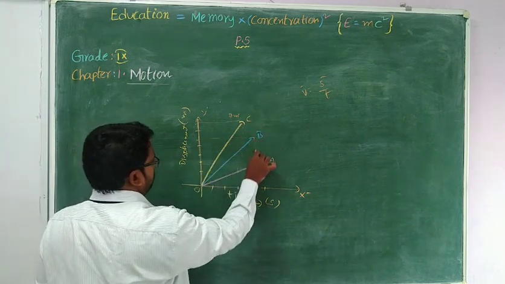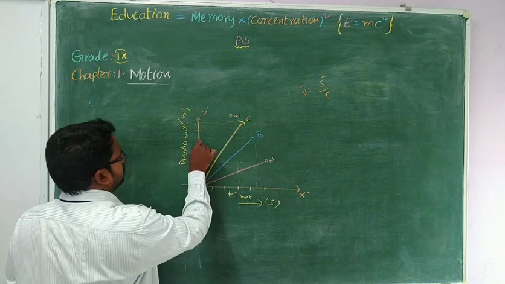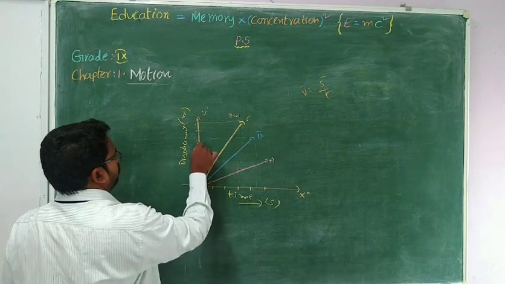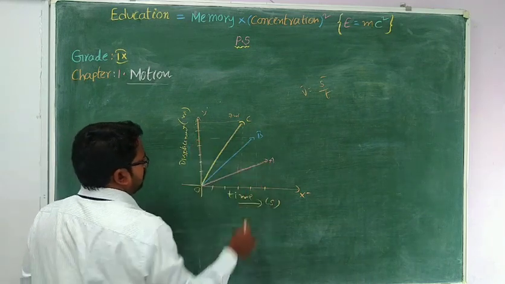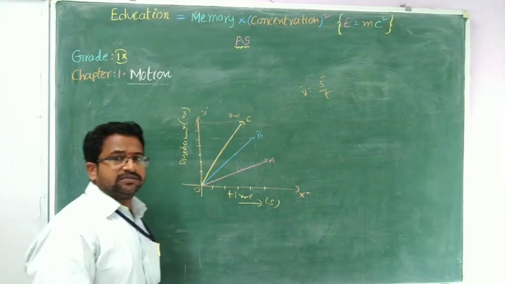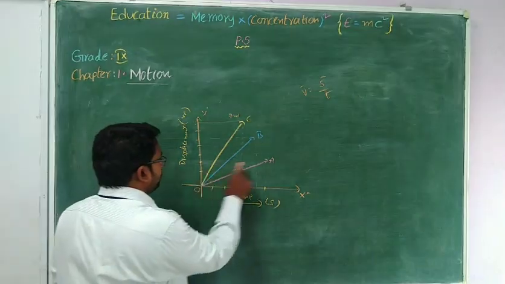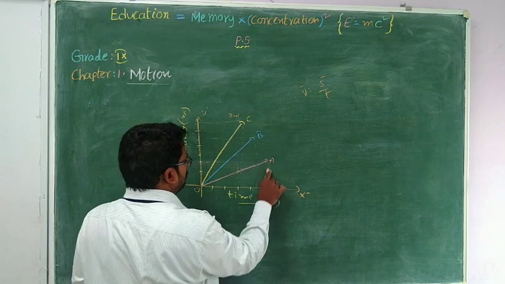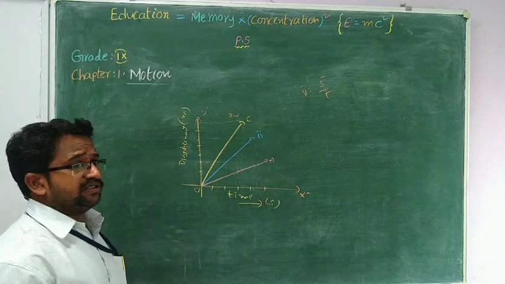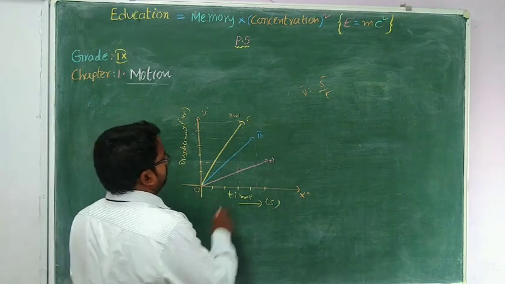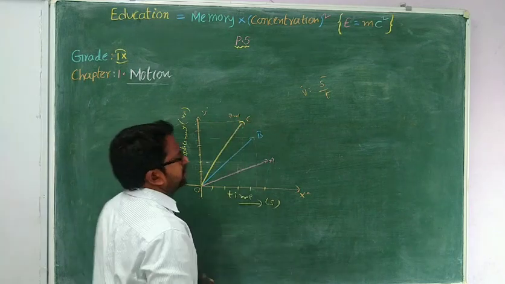And B is about 5 meters in 4 seconds. Similarly, A is 2 meters in 5 seconds.